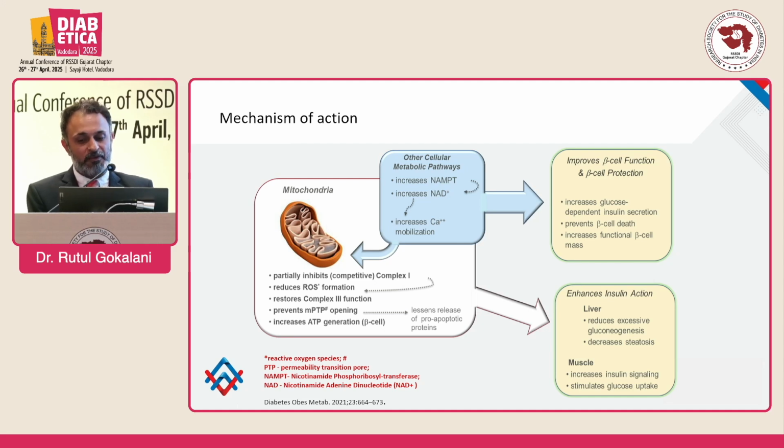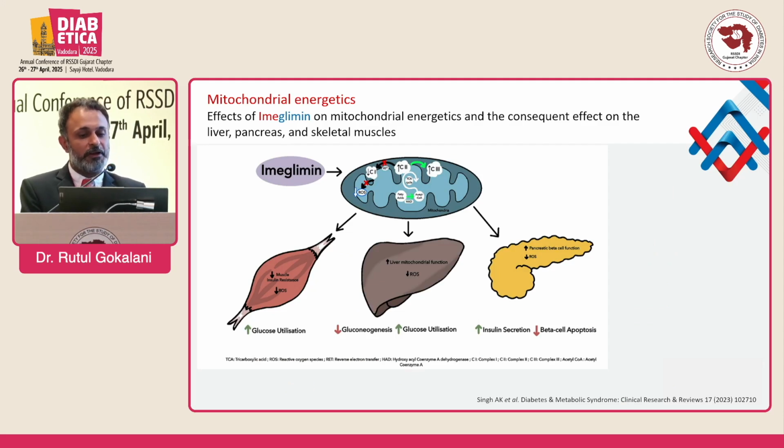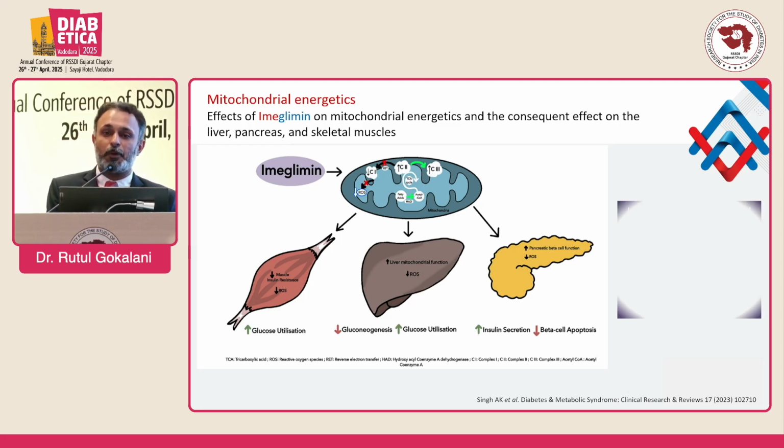At the muscular level, it increases glucose signaling and stimulates glucose uptake as well. So with imeglimin's mitochondrial effects at muscular, liver and pancreatic levels, it improves glucose utilization and reduces gluconeogenesis at the liver level. At the pancreatic level, it improves glucose-stimulated insulin secretion and reduces beta cell apoptosis.